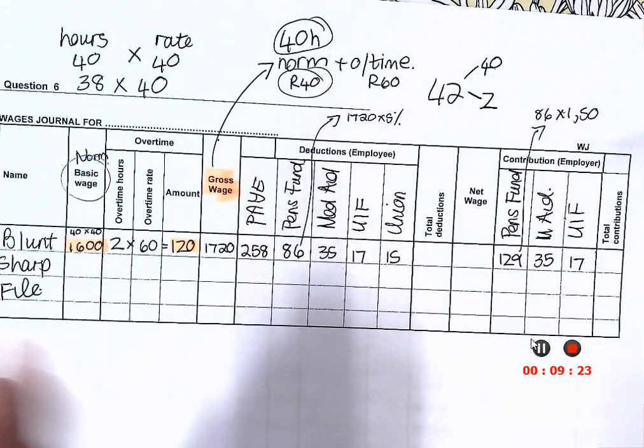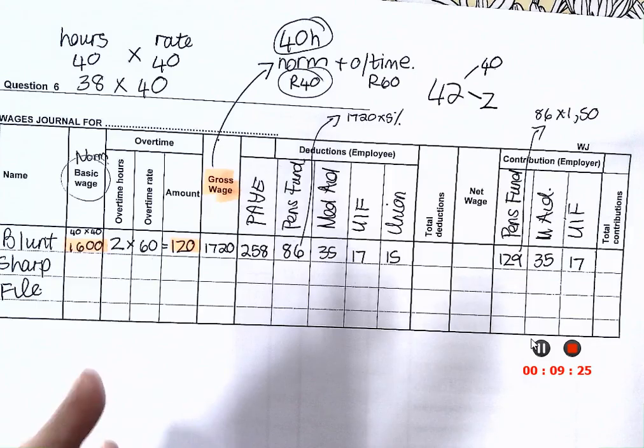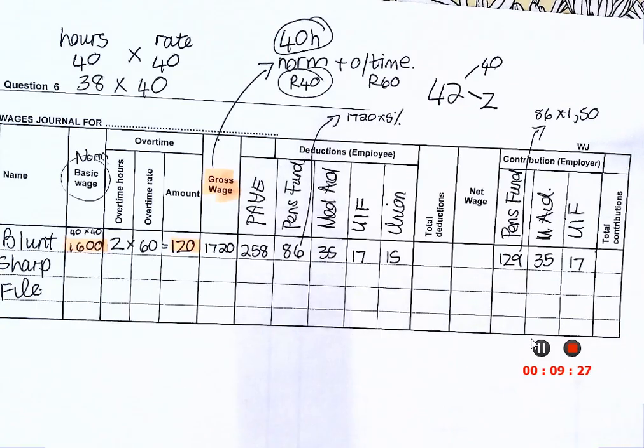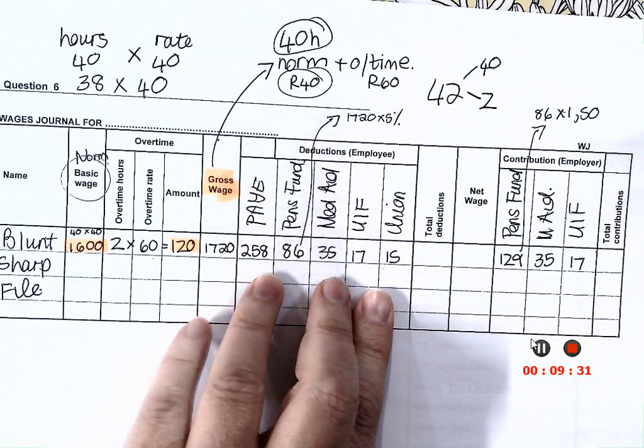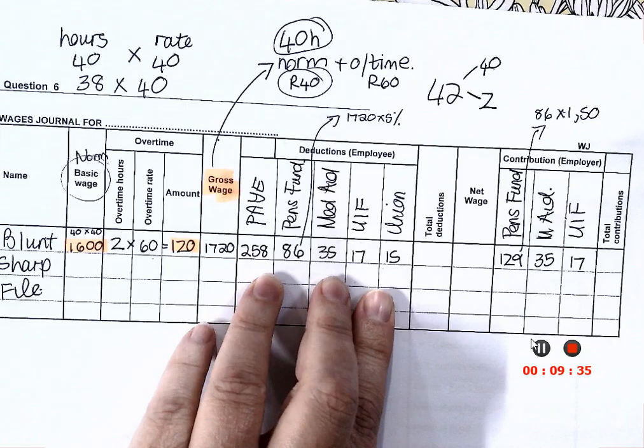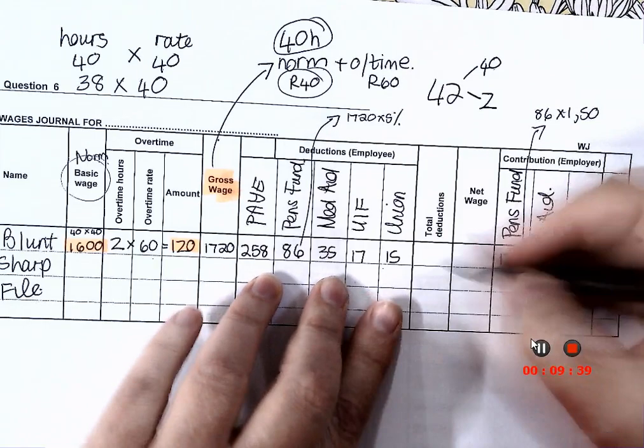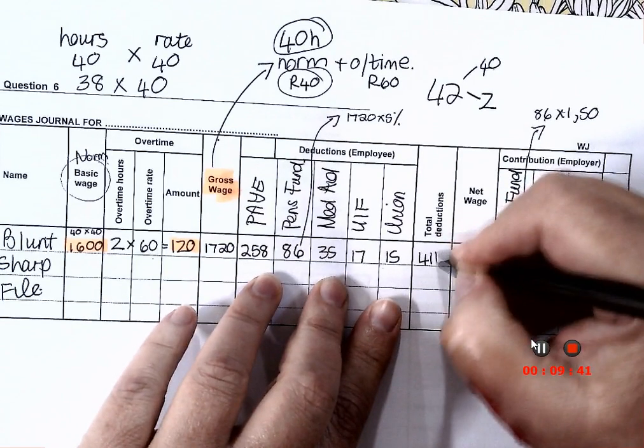And now it works exactly like the salary journal. I'm going to add the deductions. So I get 258 plus 86, 35, 17, 15. Gives me 411.